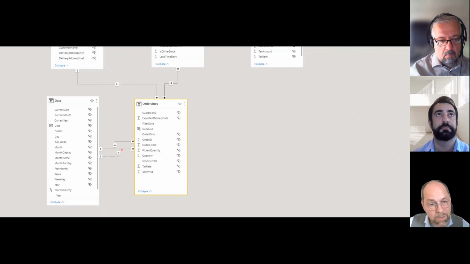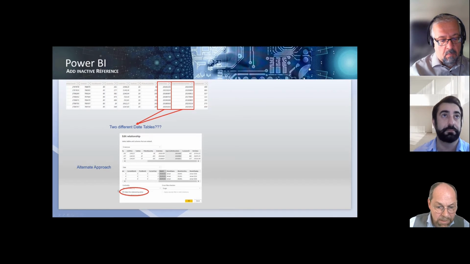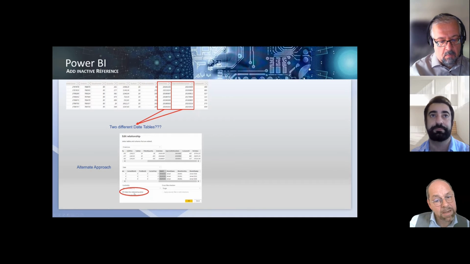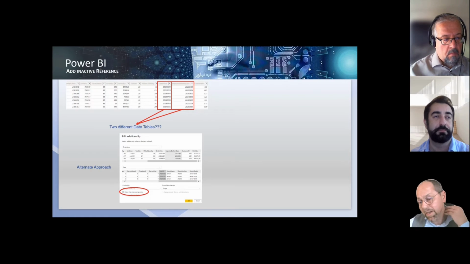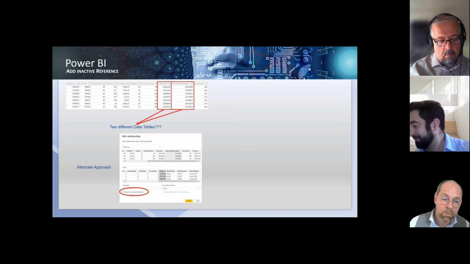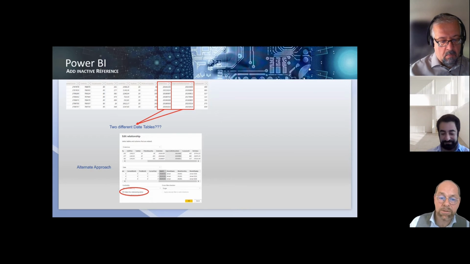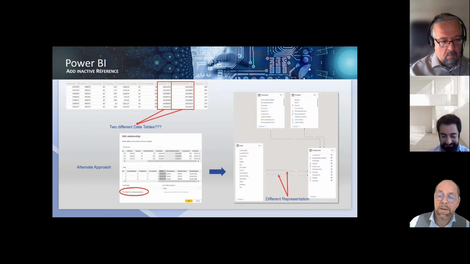Why is it dotted? Because, as you can see in this screen, this relationship is not really active. It's available, but you cannot use it by default. You have to do something in your KPI calculation to use this relationship. We'll show on the next slide how to do this and how to use this relationship. But it's important that this relationship is available, because without that we cannot calculate the KPI that we will refer to on the next slide.